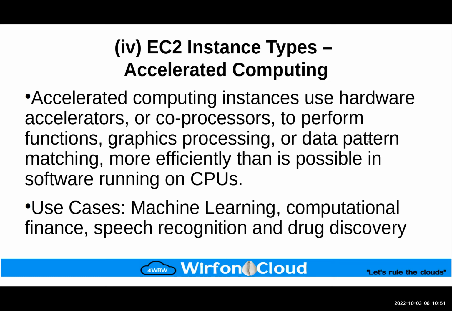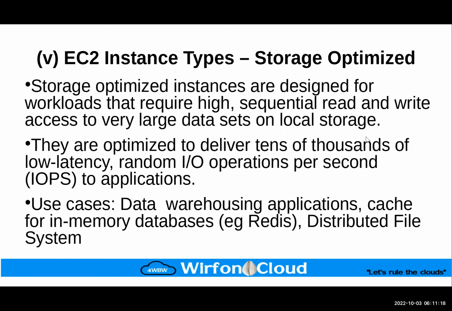So you need accelerated computing for this kind of use case, like machine learning, computational finance, speech recognition, and drug discovery. Those need fast computing. And in that situation, you choose an EC2 instance type that has accelerated computing capabilities.